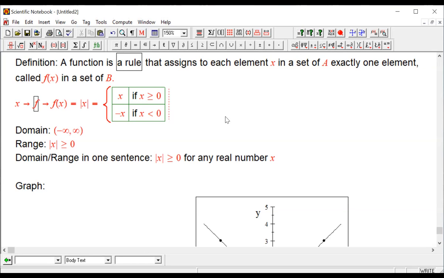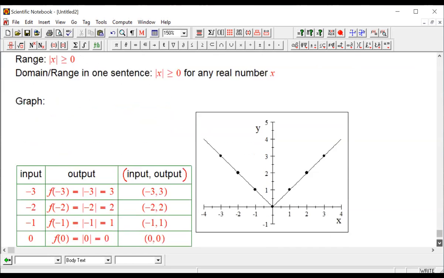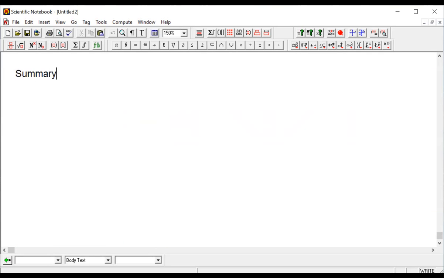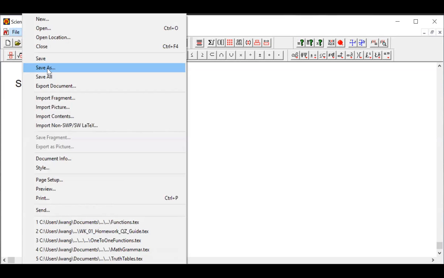When we have covered all of these functions, next, let's do a summary. So far, how many functions have we had? Let me save this.